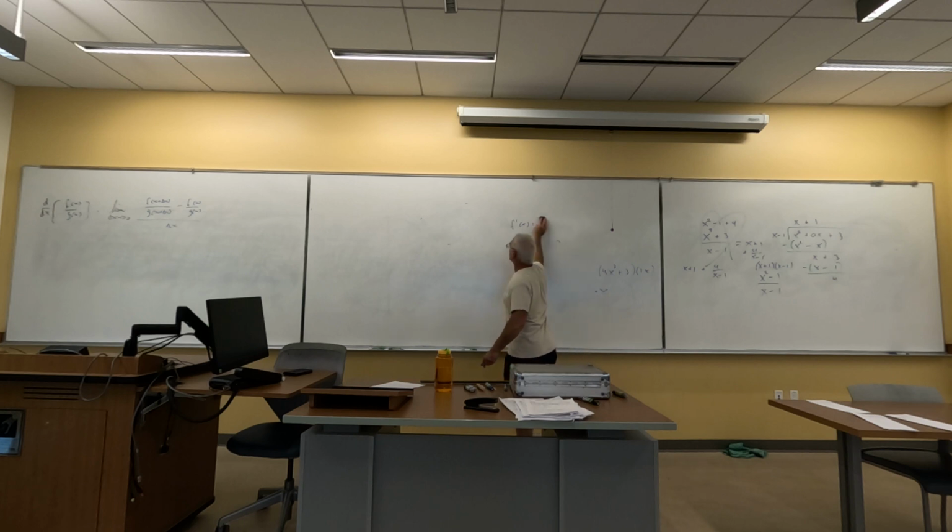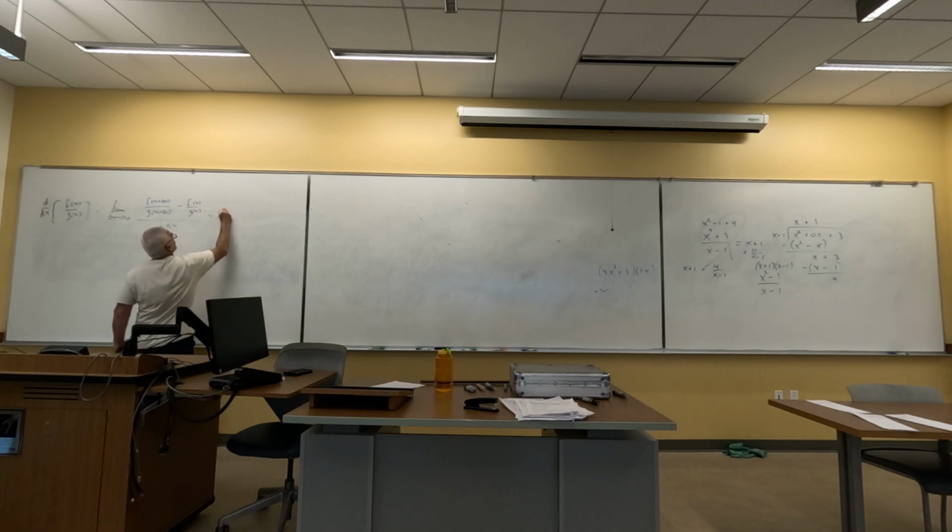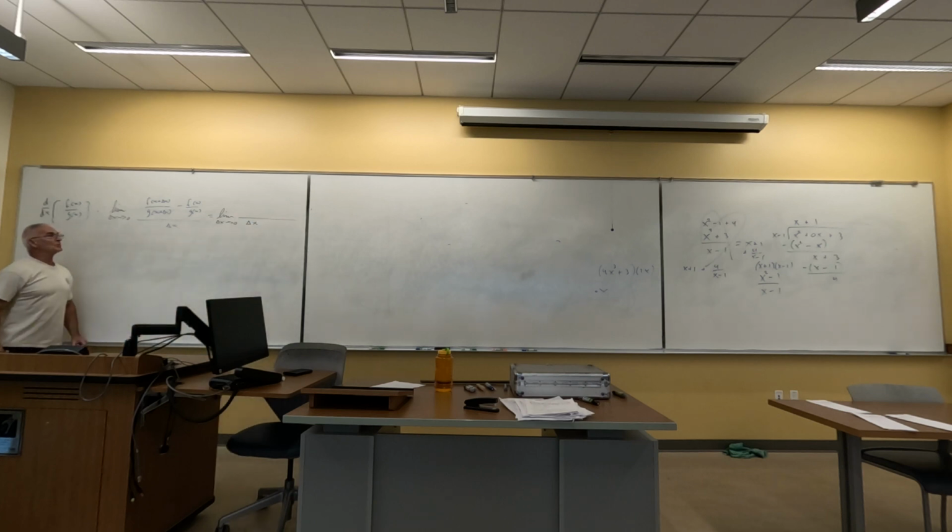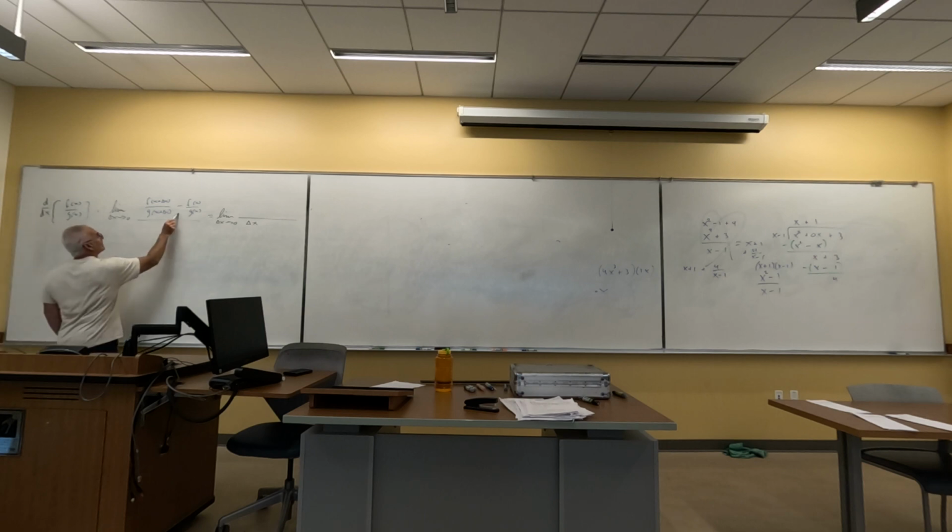We did a problem very similar to this last week, if you remember. For me to make this into exactly one quotient, first of all, what am I going to multiply numerator and denominator by? So the product of those two terms.